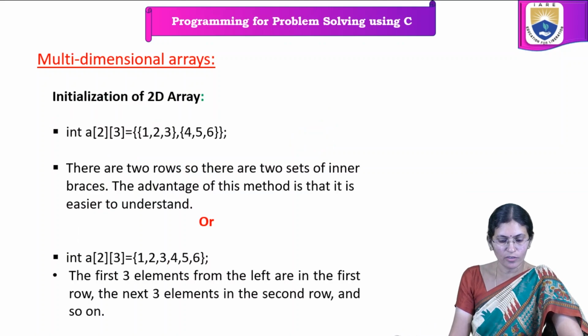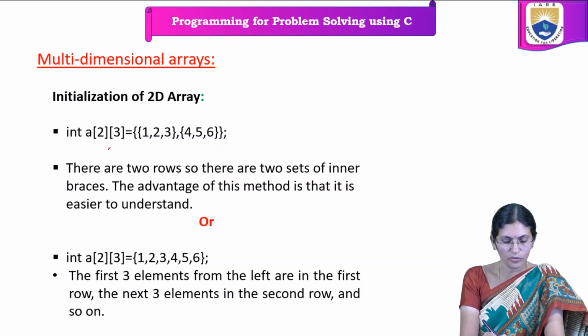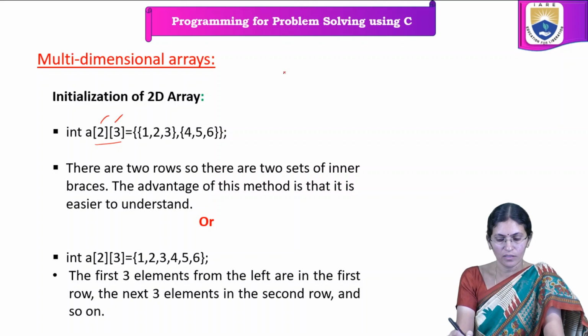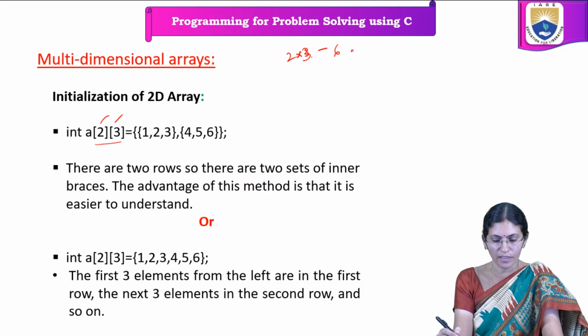Now, initialization of a 2D array. Let us see how to initialize a 2D array. Here we have row size as 2 and column size as 3. That means the number of elements in the 2-dimensional array is 6. So there are a total of 6 elements in the array.